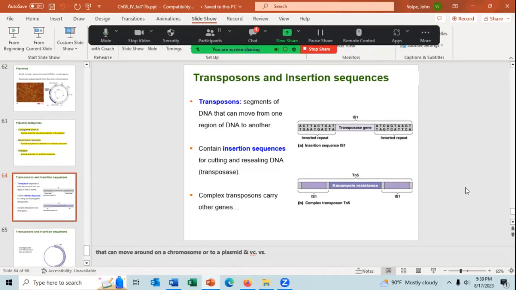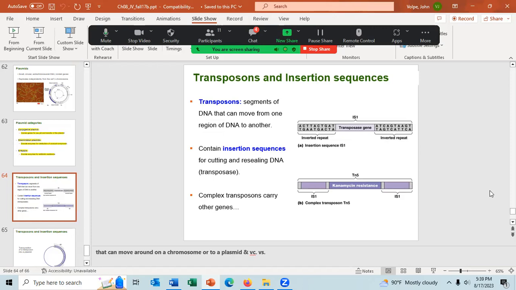And then in humans, or any other eukaryote, the transposon can move from one chromosome to another, or it can move from one location on one chromosome, let's say the X chromosome, to another location on the X chromosome. So that's what a transposon is, a jumping piece of DNA that moves about.